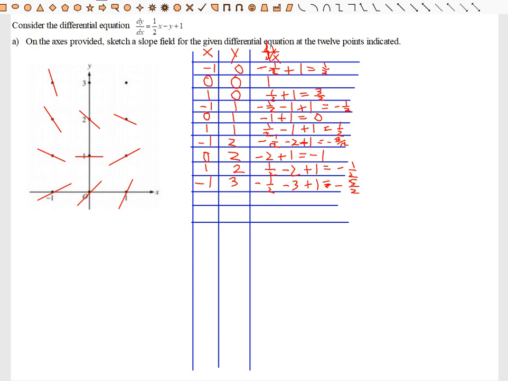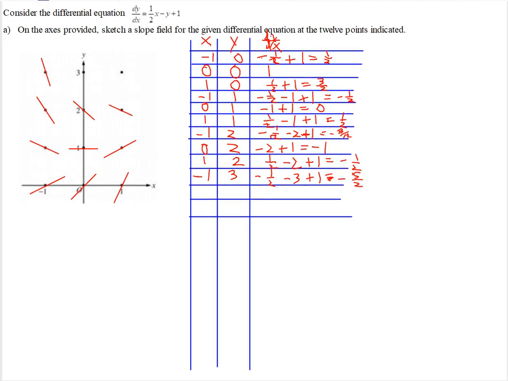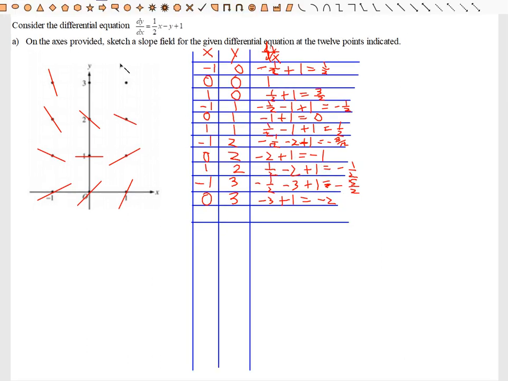And these don't have to be perfect, just relative steepness we're looking at. And then 0, 3. 0 for x wipes out the first one, so you have -3 plus 1 gives you -2. So this one, it's kind of in between these two. This is -2.5, this is -1.5. So -2, down 2, right 1. Like that. A little less steep than that one.